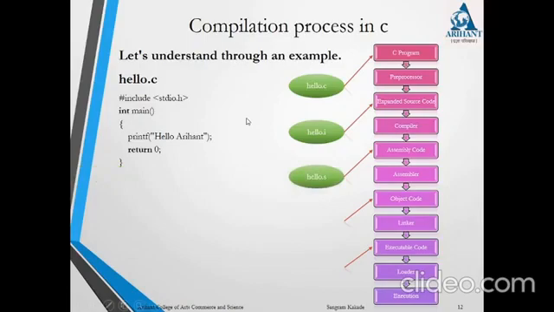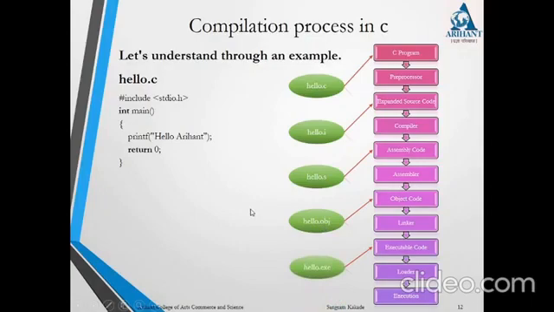The compiler compiles that code, and if it is error free, it gives the assembly code. The extension of the assembly code is .s. It will give you hello.s. Then this assembly code, hello.s, will be passed to the assembler. The assembler will convert this assembly code into the object code.